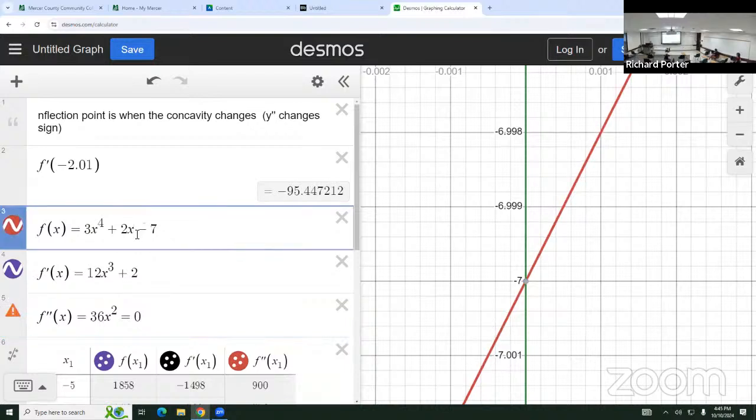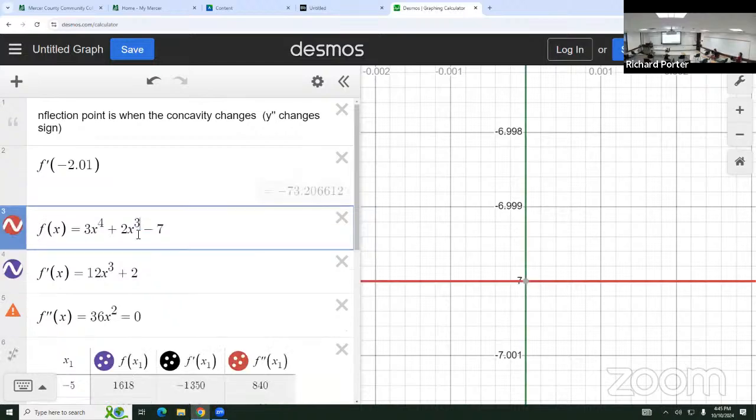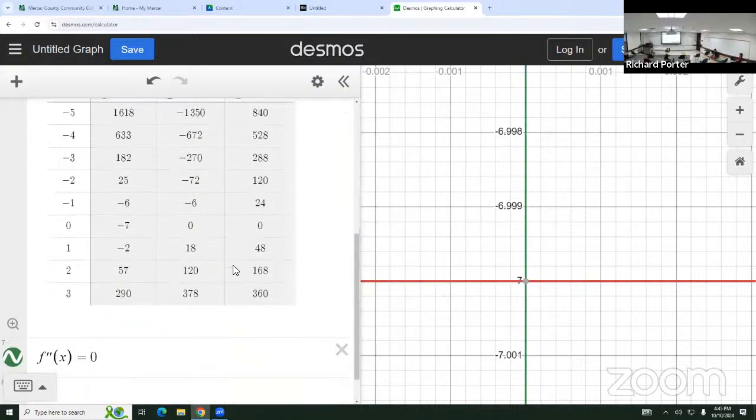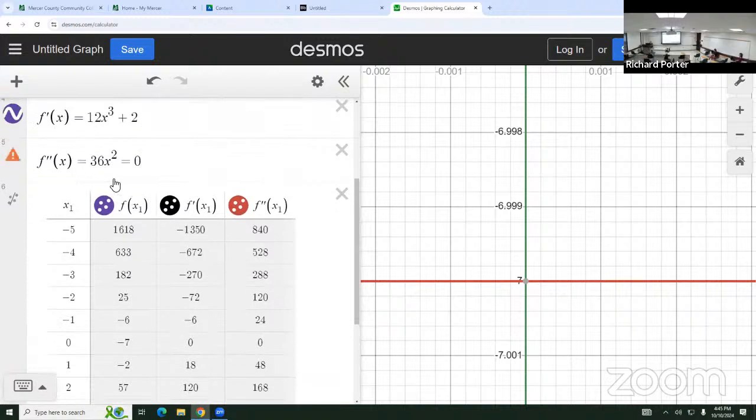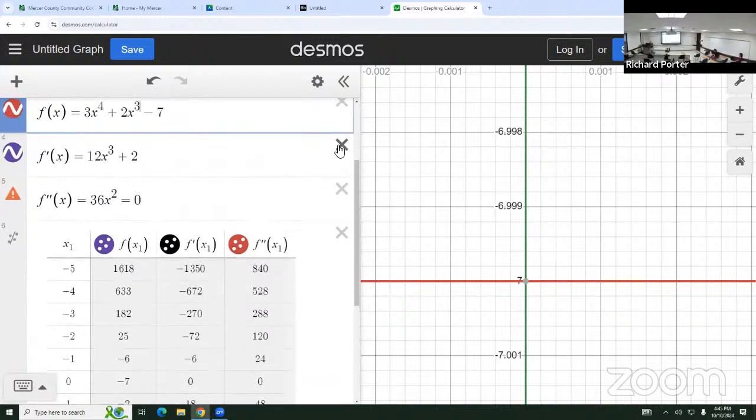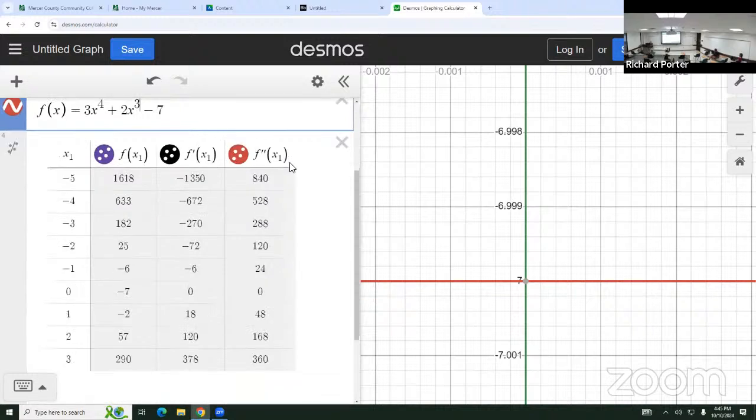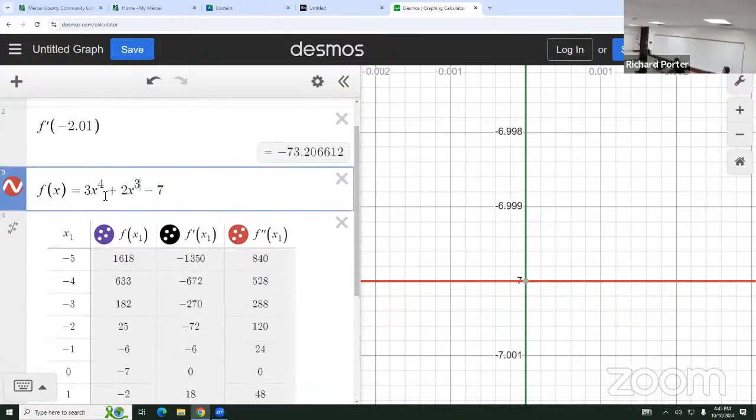If this number here had been raised to the third power, like that, I would definitely have had more than one inflection point, I think. Hold on, let me see. So I just changed the function. Take a look at it differently.